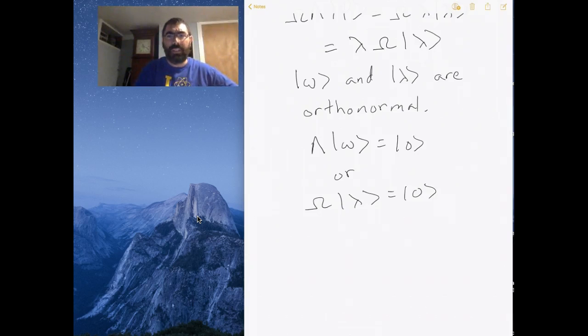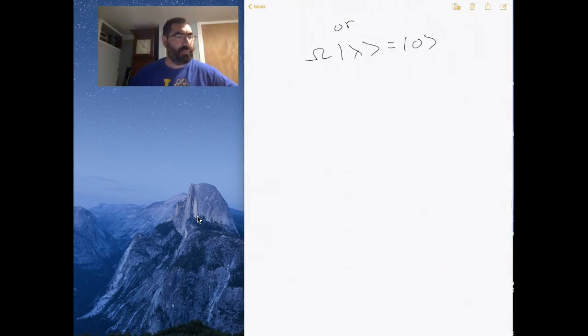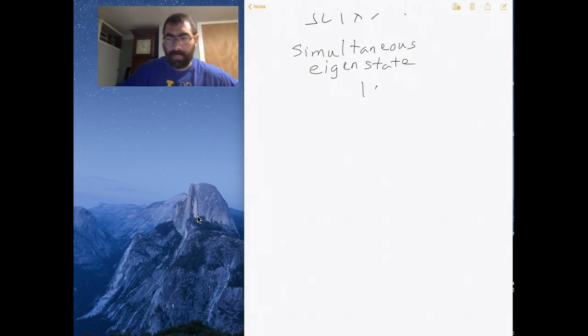So let's consider now a different case where we have a simultaneous eigenstate of omega lambda, where now I can operate with both of them.